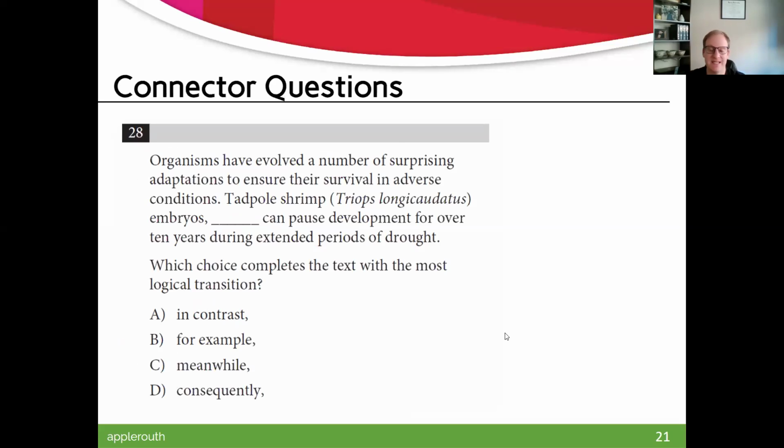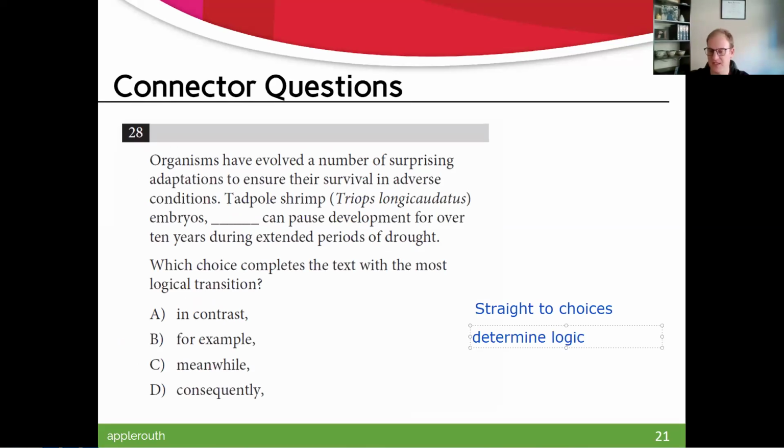You will also see at least 3 or 4 connector questions per section. For these, you want to look, okay, so the answers clearly show, so straight to the choices. The answers clearly show we're testing connectors. So now just determine the logic of the sentence. Meaning, are we having contrasting ideas or similar ideas or something different?